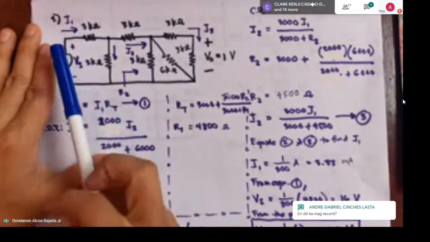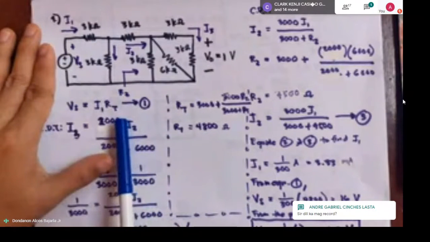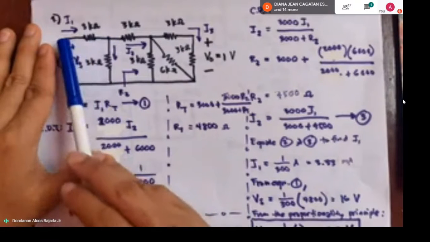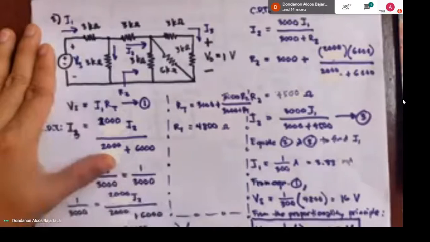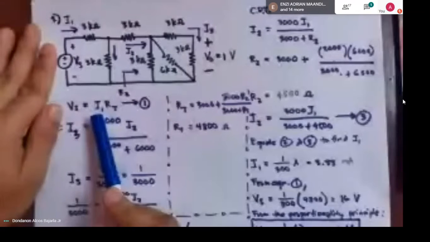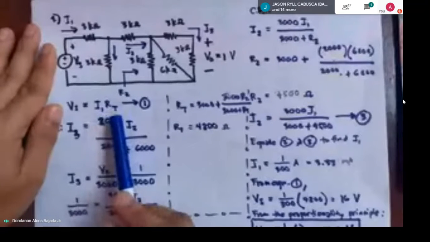We've labeled the current I sub 1, and R sub T is the total resistance as seen from the terminals of the source. Therefore, we need to calculate I sub 1 and R sub T.